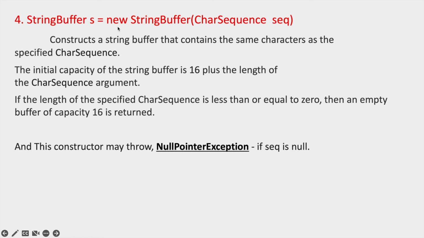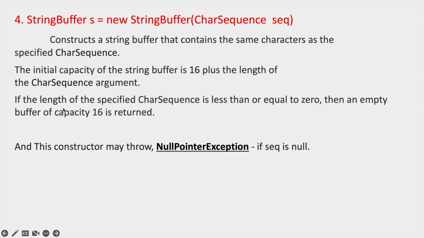So when you use this constructor, whatever character sequence you have given as argument, the StringBuffer object will be created with that character sequence. And the initial capacity of this StringBuffer object is 16 plus the length of the character sequence argument.